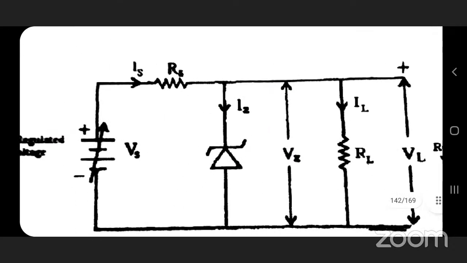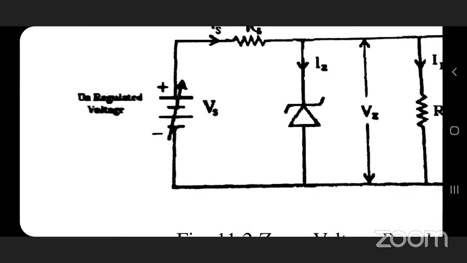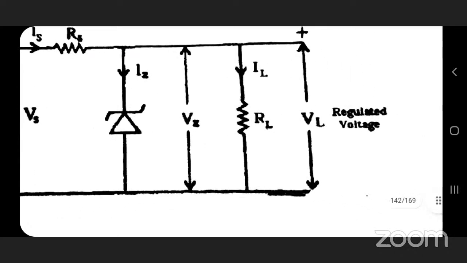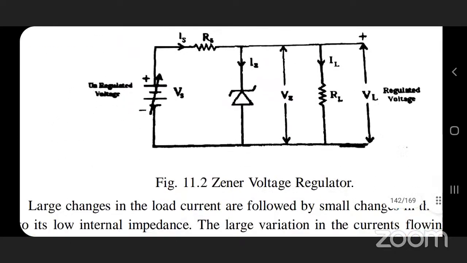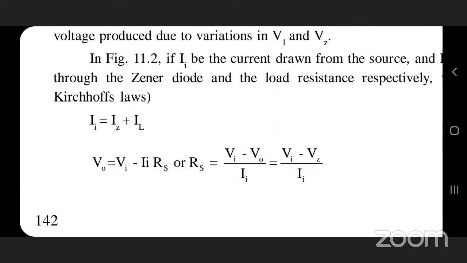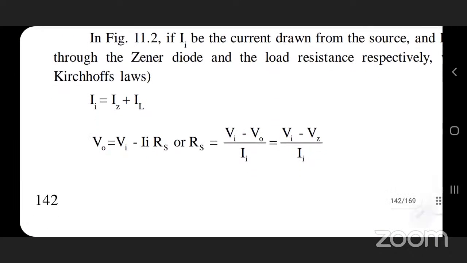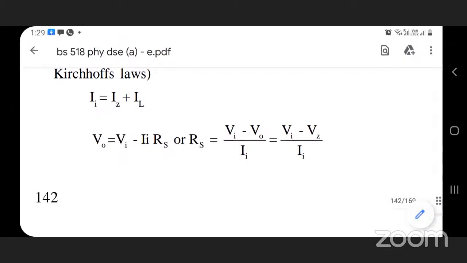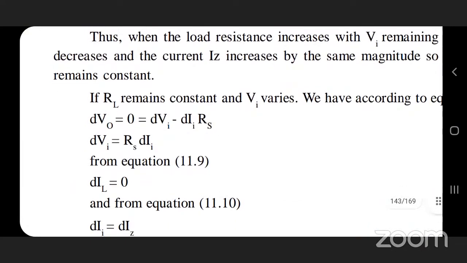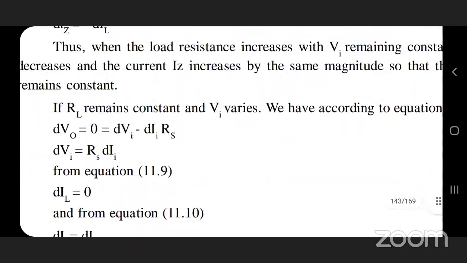See here, the left hand side is unregulated, and by using only one single component, that is a Zener diode, the voltage is regulated, that is the VL value. By applying Kirchhoff's laws, Is equals Iz plus IL, so you need to do this calculation.